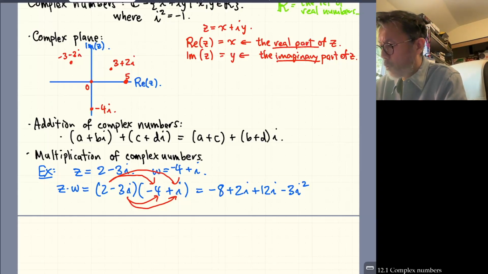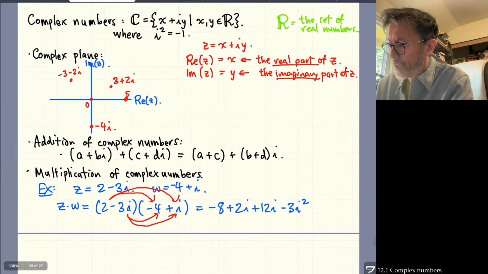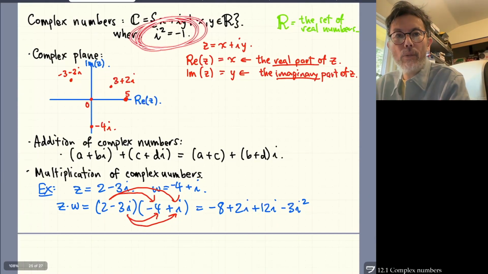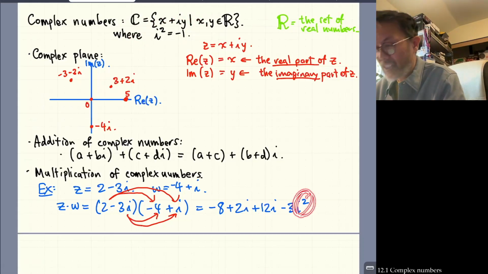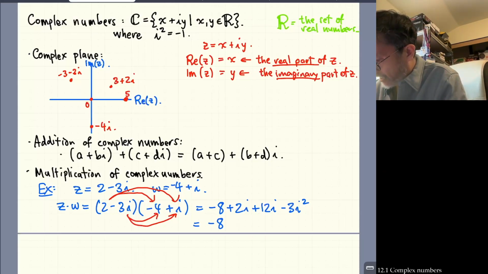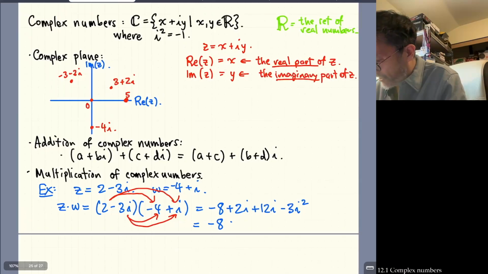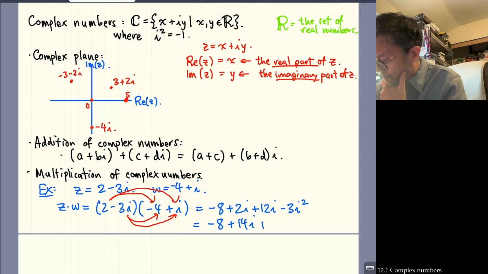Okay. But of course, what we know by the properties of complex numbers, and this is the whole point, again, is that i squared can be replaced by negative 1. So we can make that replacement right here where we see i squared. And if we do that, we obtain negative 8. I can collect 2i and 12i together to get 14i. And then I have negative 3 times negative 1, because i squared is negative 1. But that's plus 3.